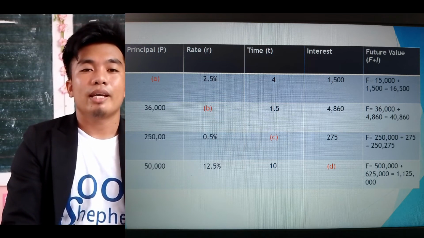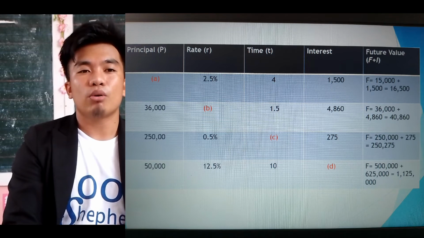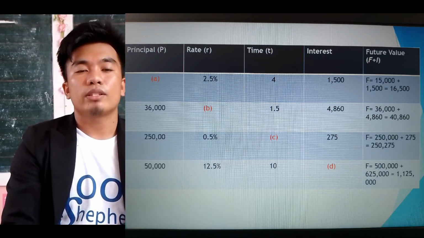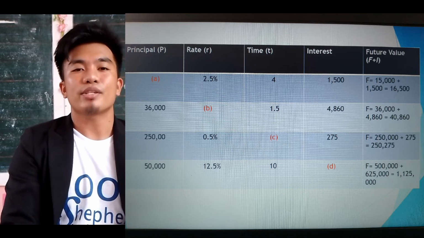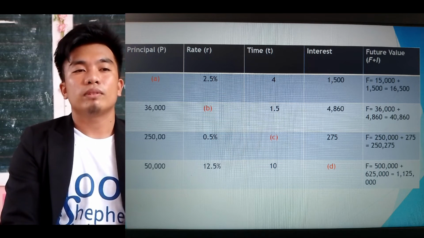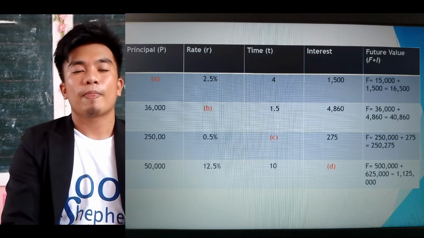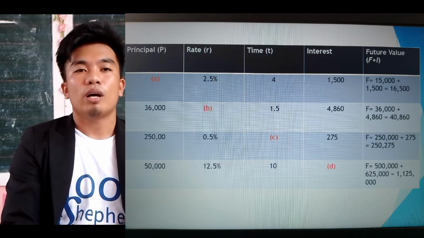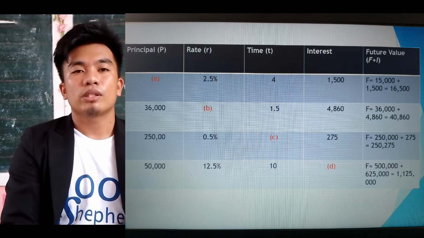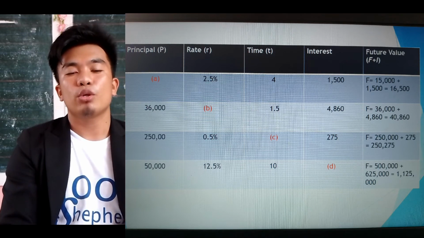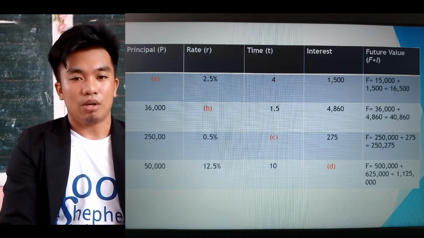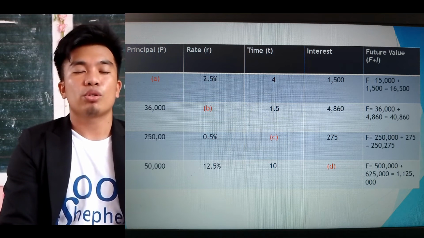Third, 250,000 and our interest 275, the total of 250,275. The last, the principal of 500,000 added to our interest of 625,000, the total of 1,125,000. That is our future value.